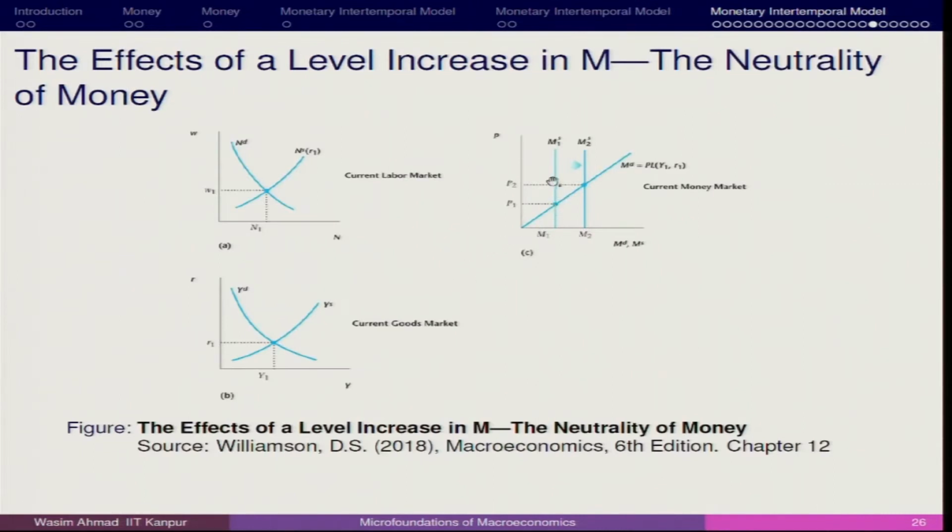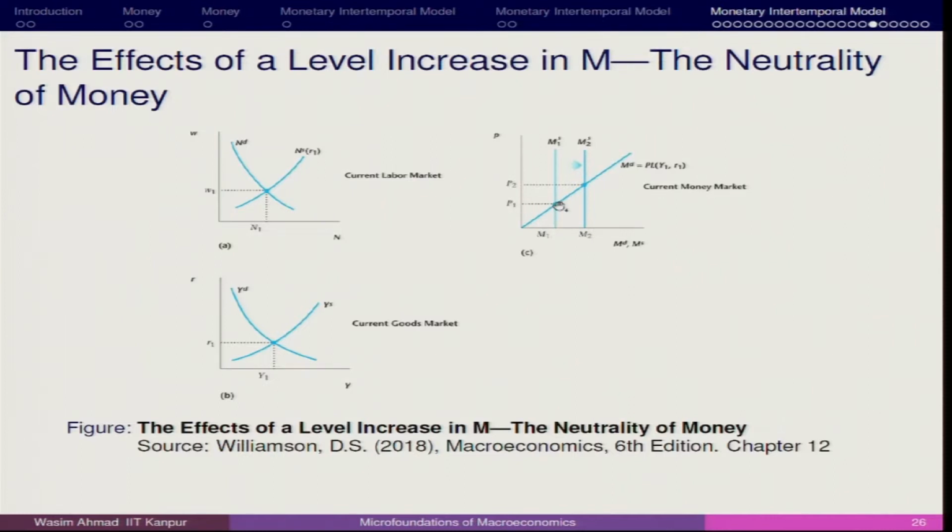What we are doing is putting a scenario. Here we have the current goods market, here the current labor market, and here the current money market. This is the initial equilibrium point at M1 and P1.